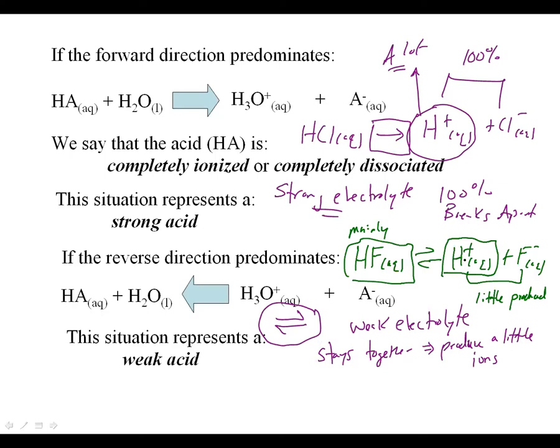So you'll have a lot of HF molecules still together, and because of that we're not producing as much free H plus. That is the key for a strong acid versus a weak acid: the amount of H plus produced. HF is still technically able to produce some H pluses, so it's still an acid, but a much weaker acid than hydrochloric acid.